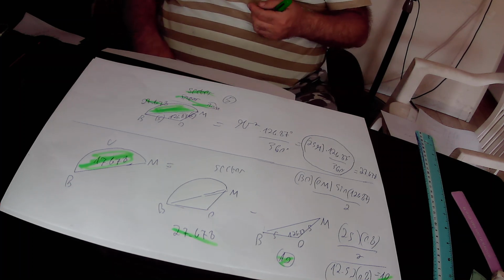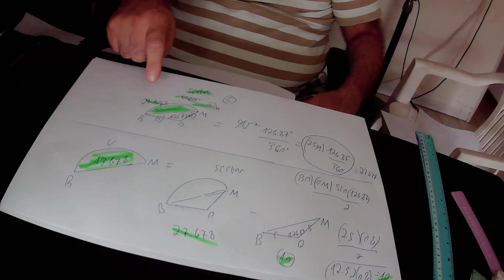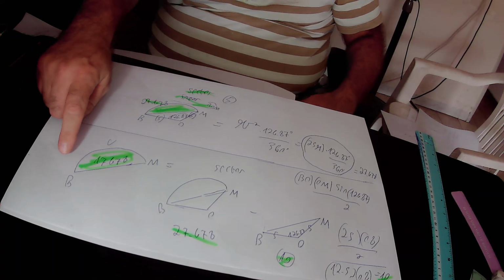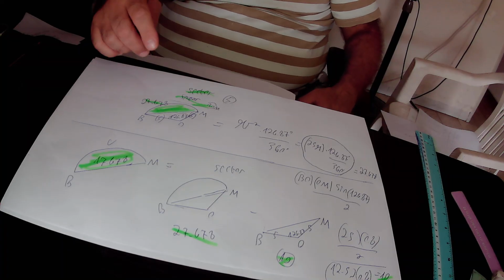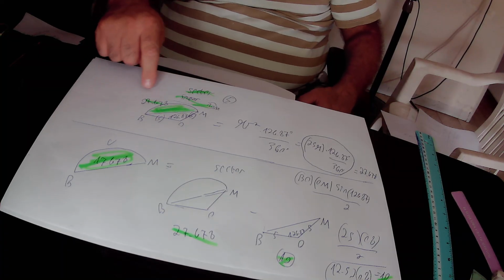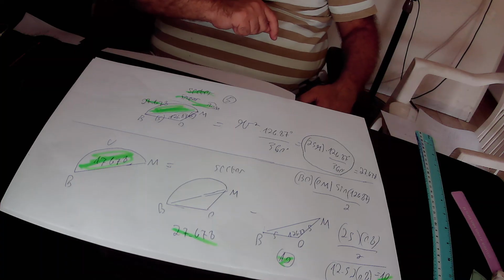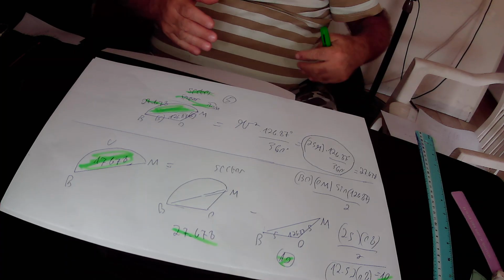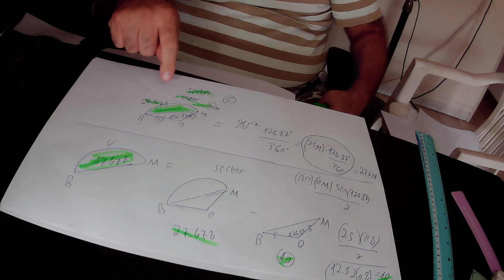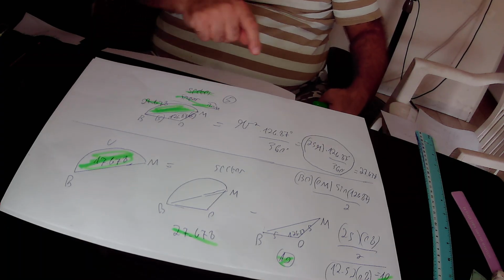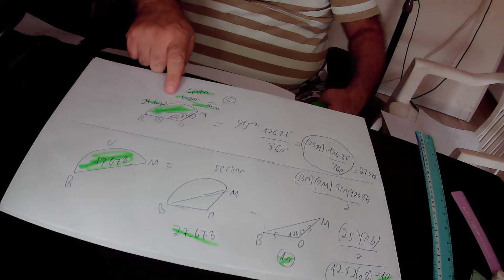Our task is to find the area of this upper segment BUM. So what is the area of this upper segment BUM? It equals the area of sector BOM minus the area of triangle BOM. It is very easy to see from the drawing that if you remove this triangle BOM from the sector BOM, we get segment BUM.